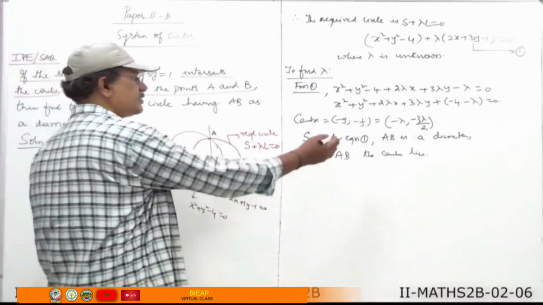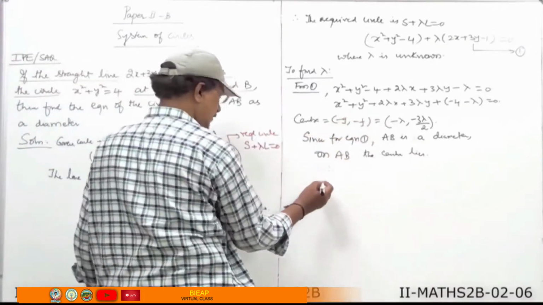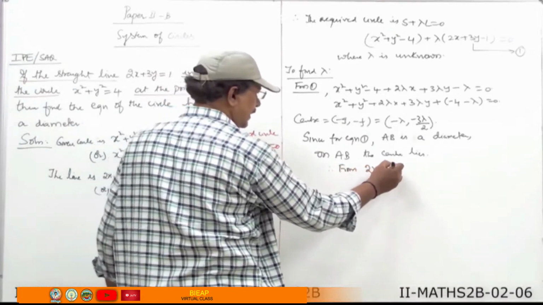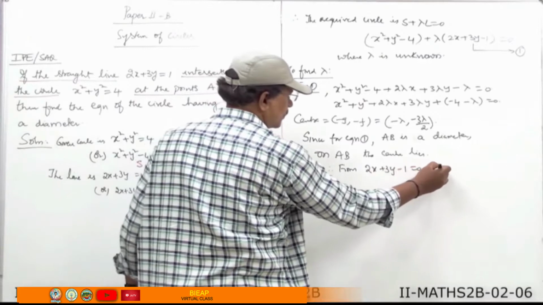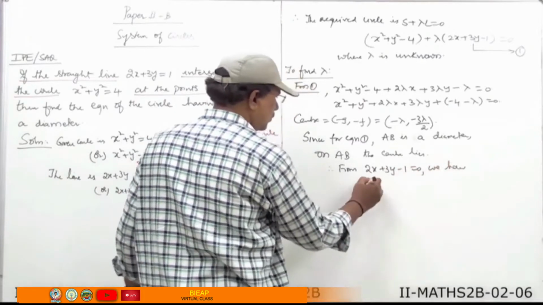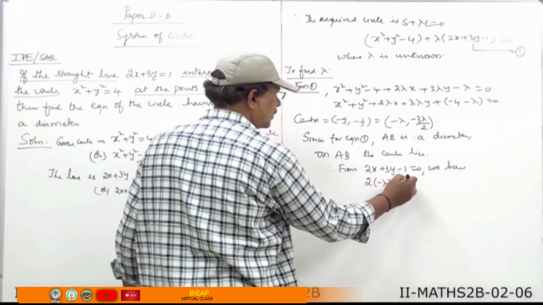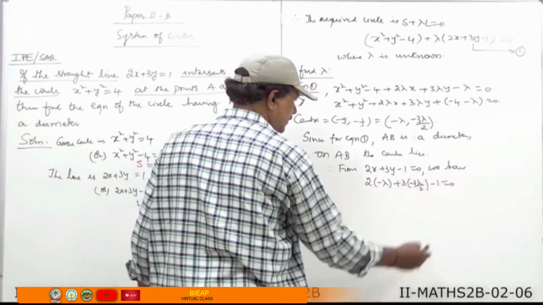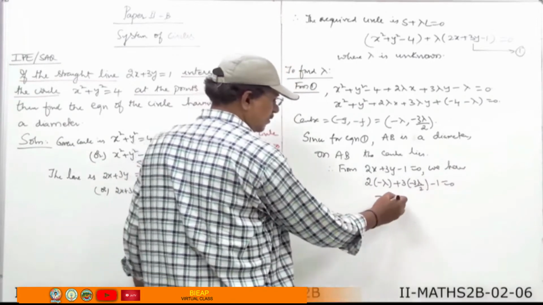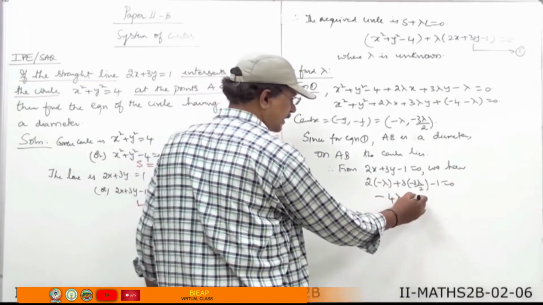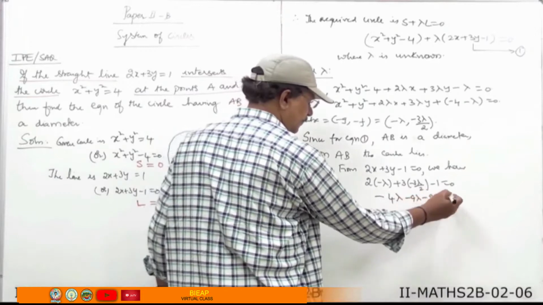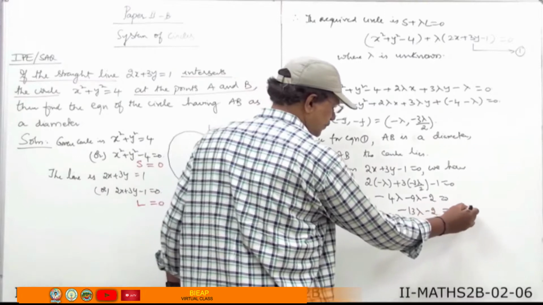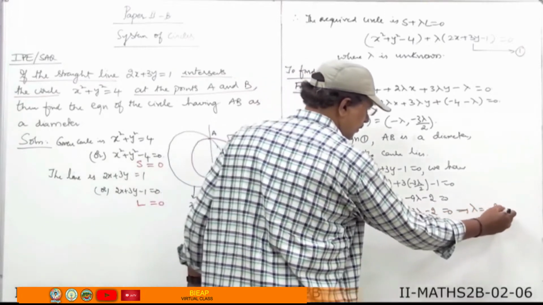So in it you substitute the center. Therefore, from 2x plus 3y minus 1 equal to 0, we have 2 into minus lambda plus 3 into minus 3 lambda by 2 minus 1 equal to 0. That is minus 4 lambda minus 9 lambda minus 2 equal to 0. That is minus 13 lambda minus 2 equal to 0, which implies lambda is minus 2 by 13.